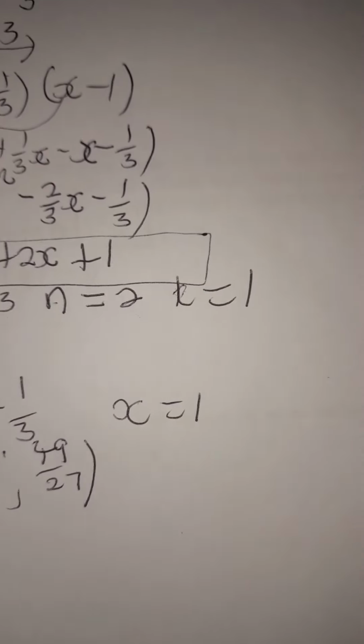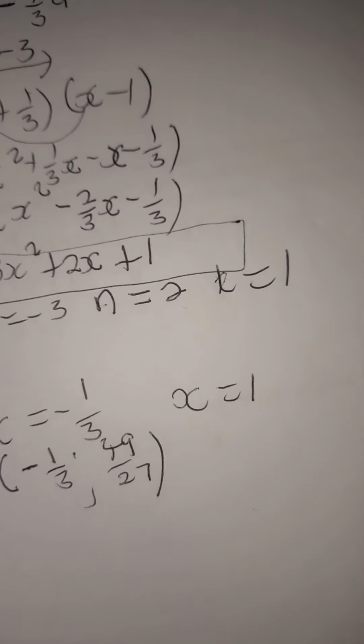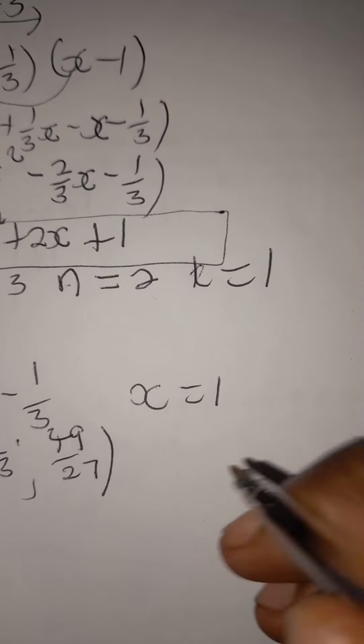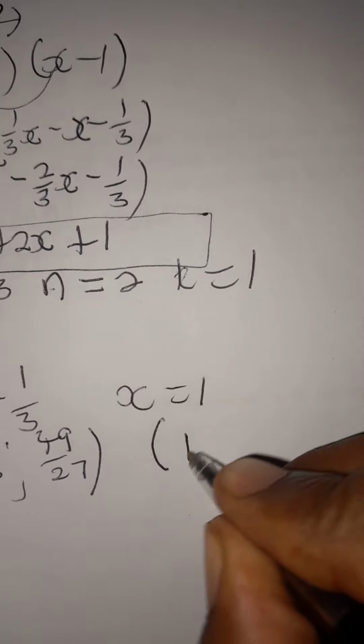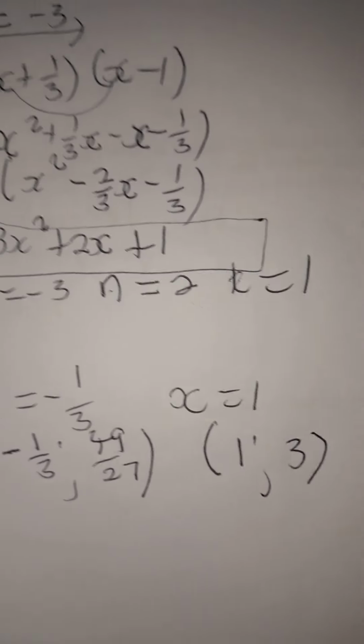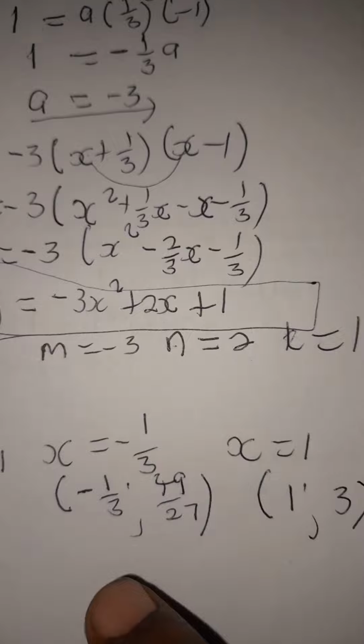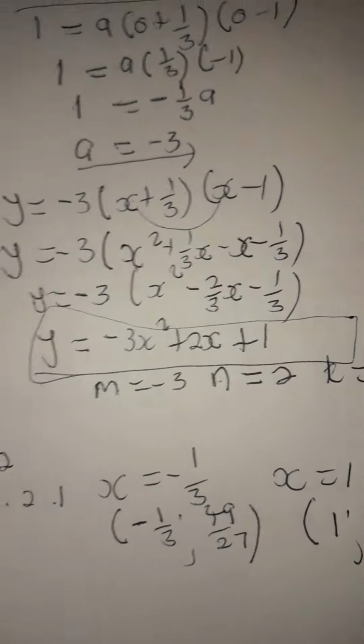Remember we're looking for the coordinates of the turning point, so it's going to be 1 and 3. So that's how you can get 3 marks for saying that.